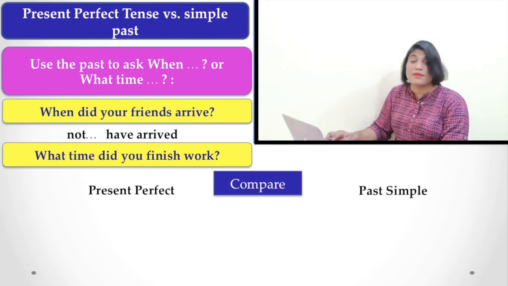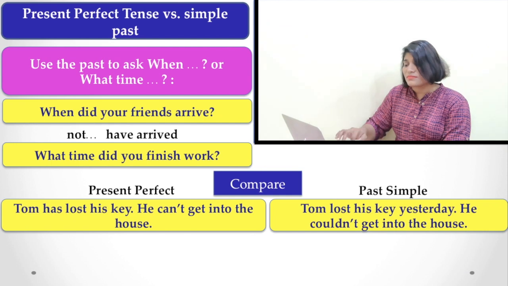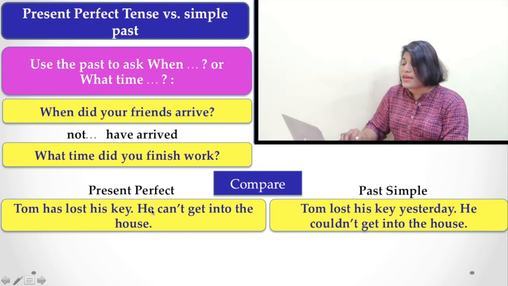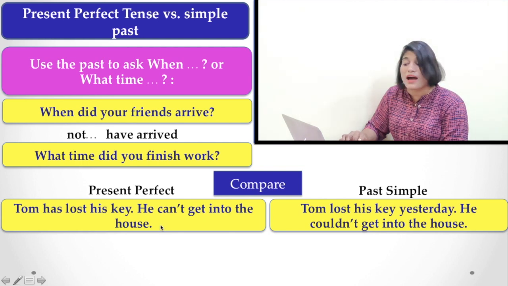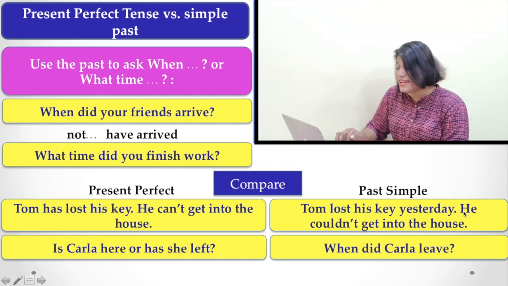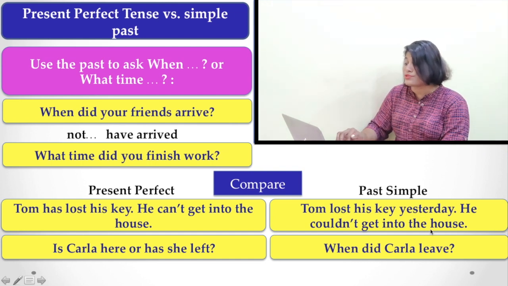And here there is a comparison for you. "Tom has lost his key. He can't get into the house." And here, "Tom lost his key yesterday. He couldn't get into the house."